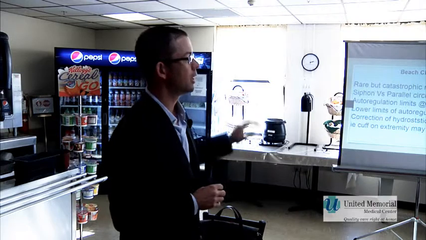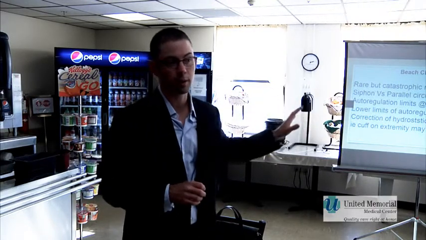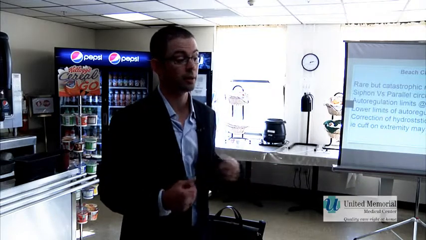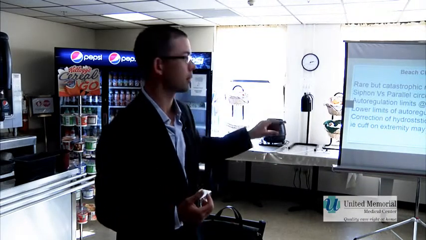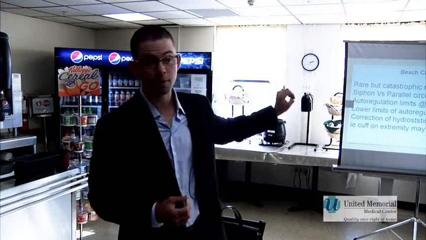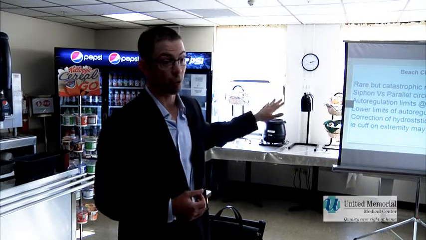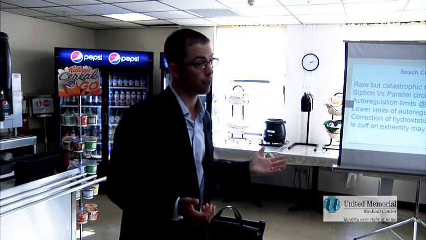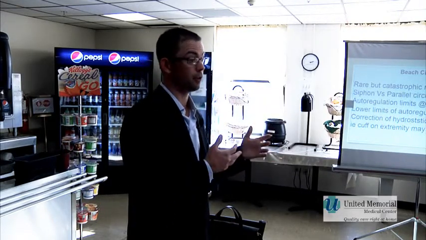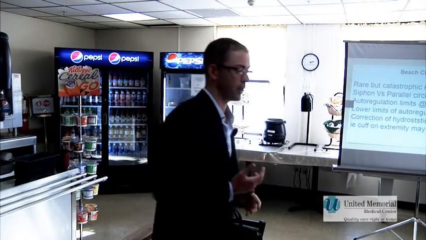For example, if we have a mean arterial pressure of 60, which is where I like to keep it for a bloodless field for a shoulder arthroscopy, there's a very good chance that the mean arterial pressure in that person's cerebrum, the cerebral blood flow, is roughly 45. It's pretty low. And if you're sitting at 50, you could be sitting at 35. So this is where some of the debate occurs.